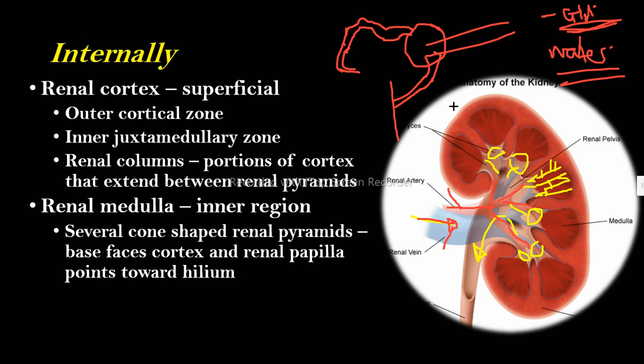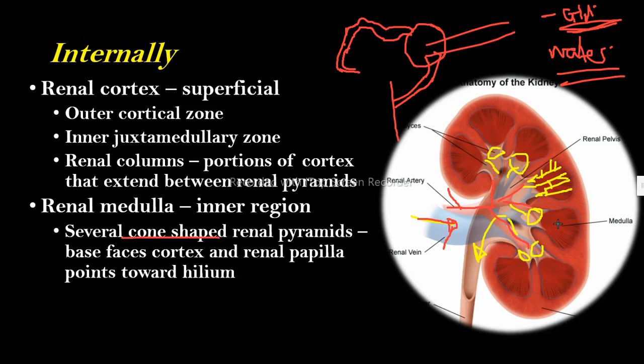And the urine that is now formed, collected into these collecting ducts, is poured into these renal calyces to be excreted out as fine urine. The renal medulla is that middle layer with several cone-shaped renal pyramids.